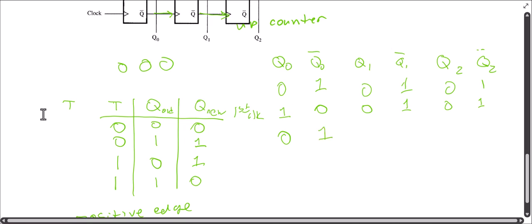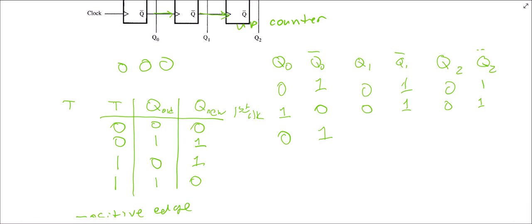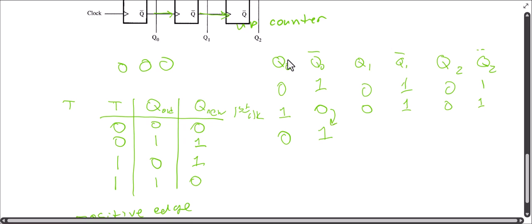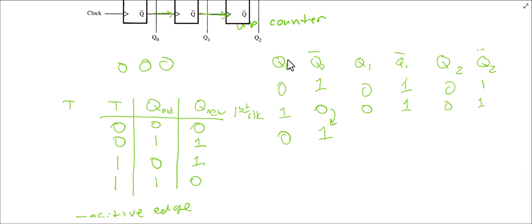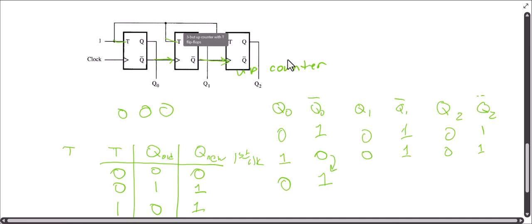Okay, so now let's take a look. But now look at what happened for Q0 bar. It went from 0 to 1. So it went from low to high, and that's the input into the clock for flip-flop 1 here, Q1.